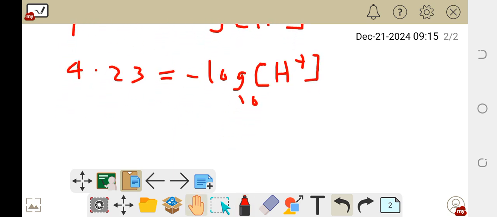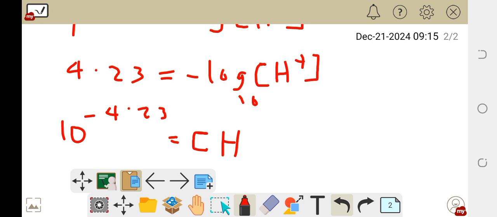So this turns out to be, when you write in the inverse indices format, 10 to the power of negative 4.23 equals the concentration of hydrogen ion.